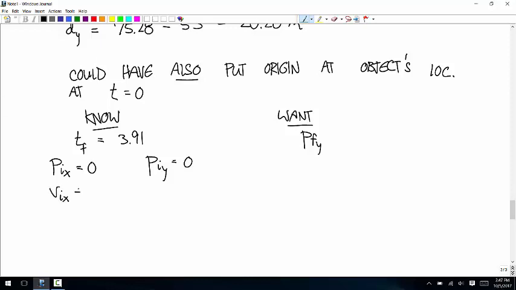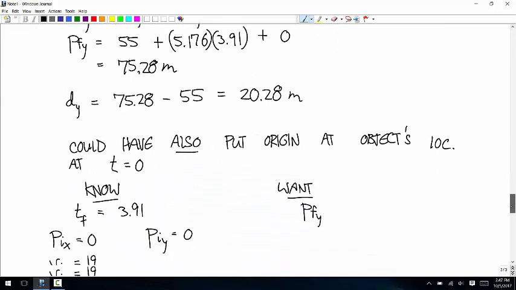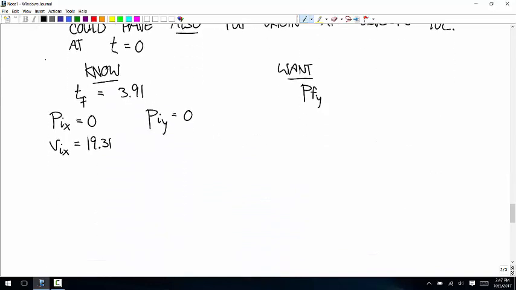V initial is still 19.319, and V initial y is 5.176. And the acceleration is still 0, 0.